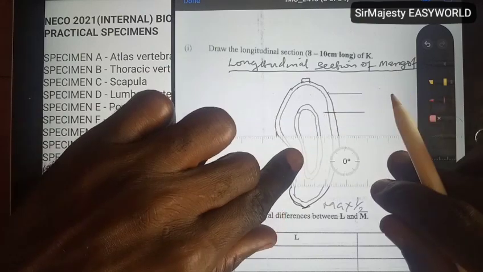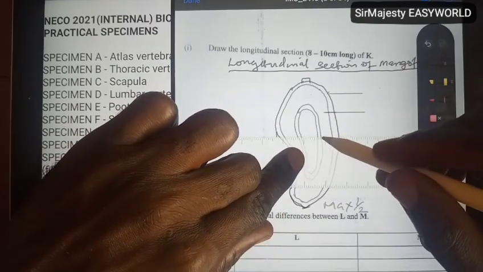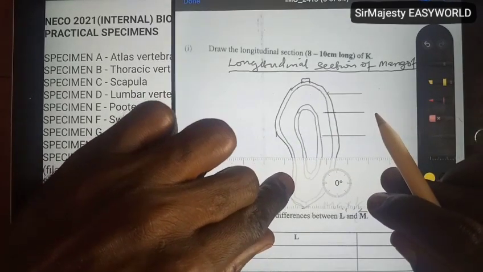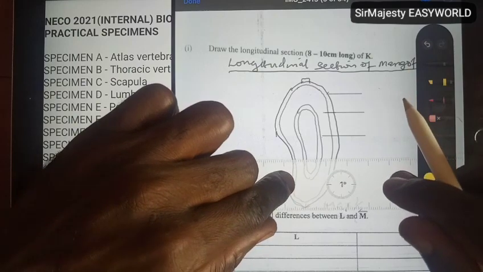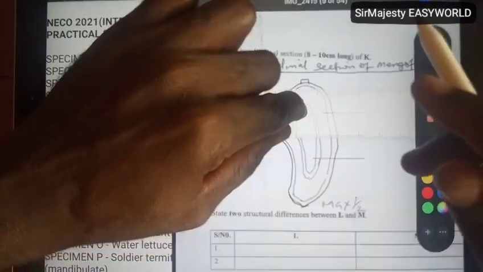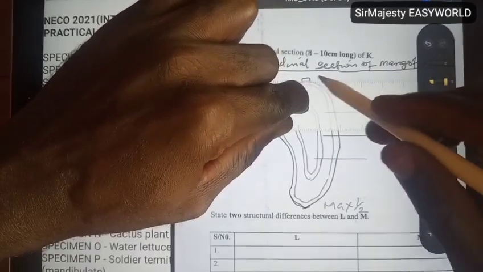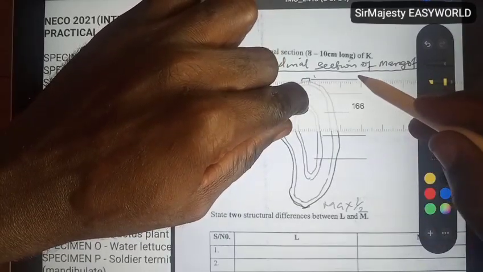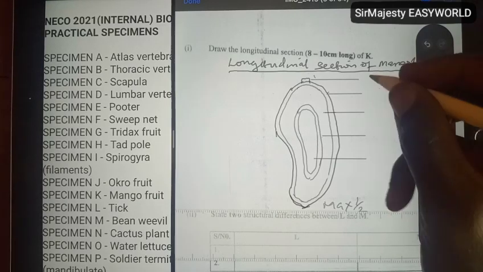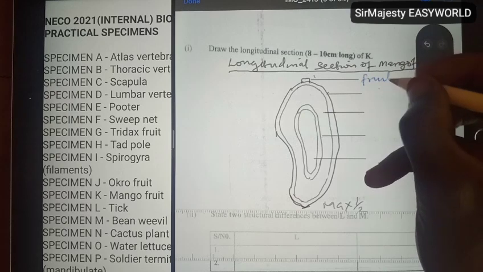That's the mesocarp. Then here is the endocarp. Then over there is the seed. Then fruit stock can also be labeled. Now it comes to labeling. Let me use pen. So here is my fruit stock.